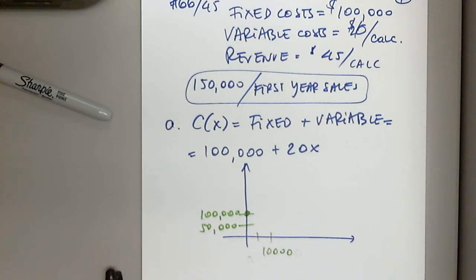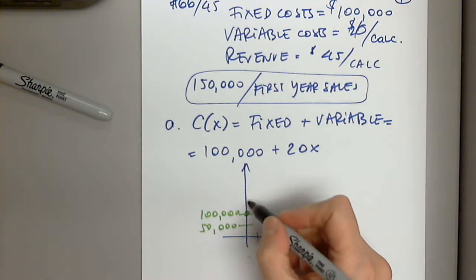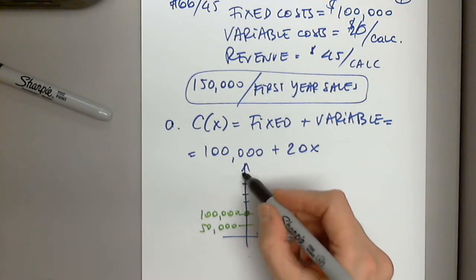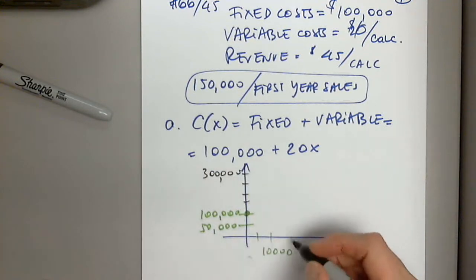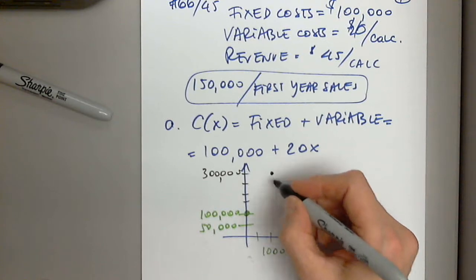So for 10,000 times 20 is 200 plus another 100,000 is 300,000. So that's easier for me to put in here. So this is 200 and this is 300. So this is the other point.